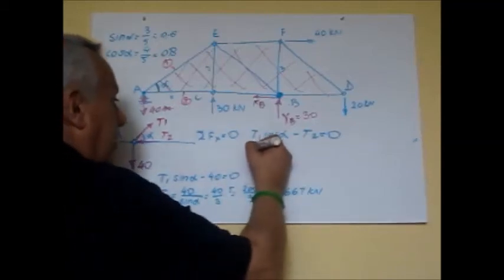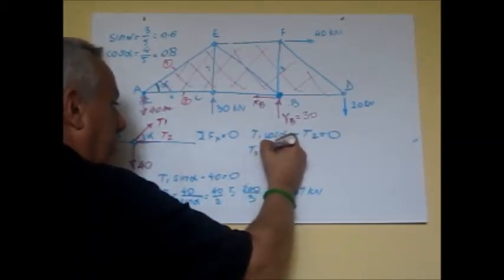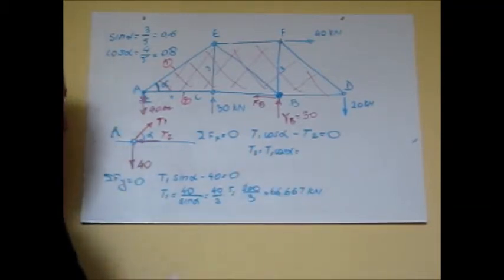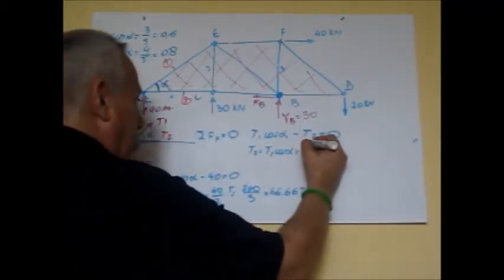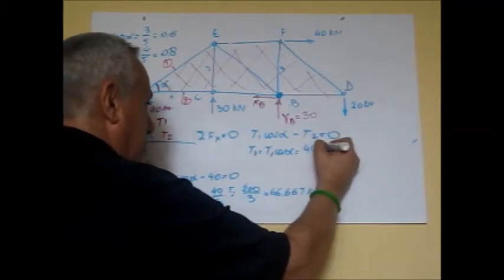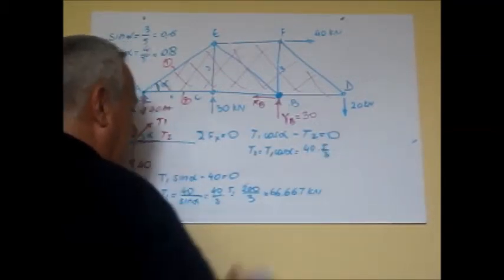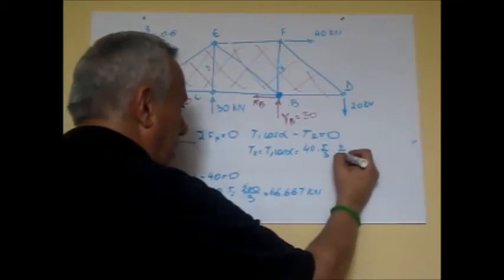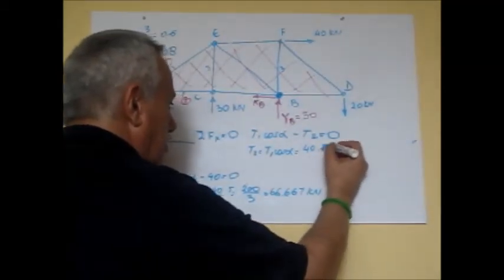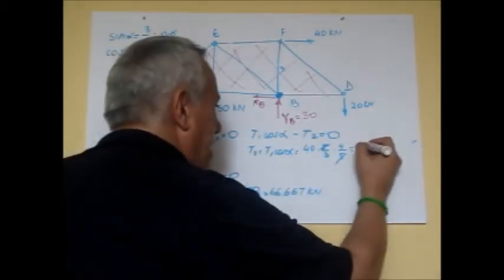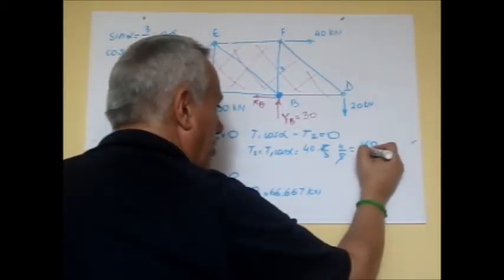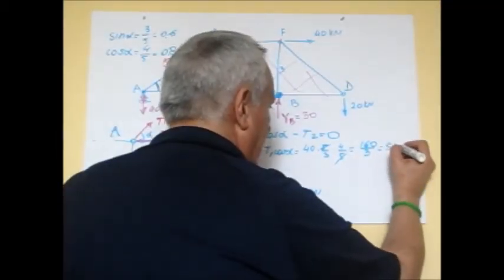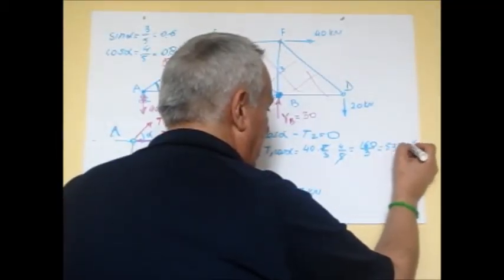From this one, T2 equals T1 cosinus alpha, or T1 is 40 times 5 over 3, and cosinus alpha is 4 over 5. So I have 160 over 3, which is 53.333.